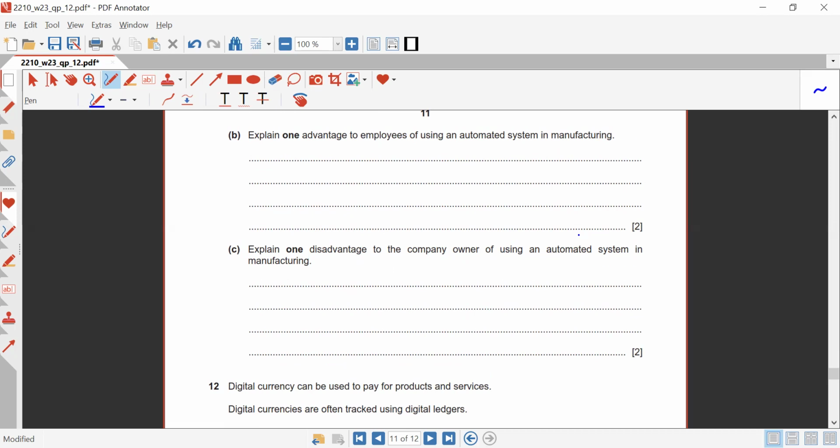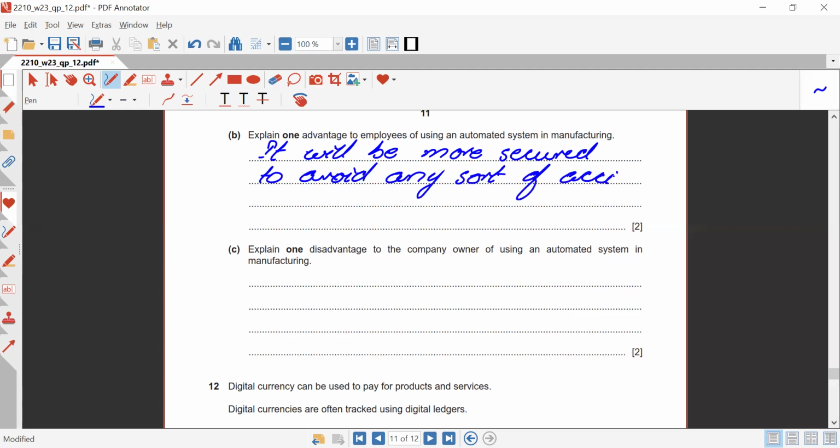So you may write it down: it will be more secure, to avoid any sort of accident due to gas or liquid flow, because we are not specified again.